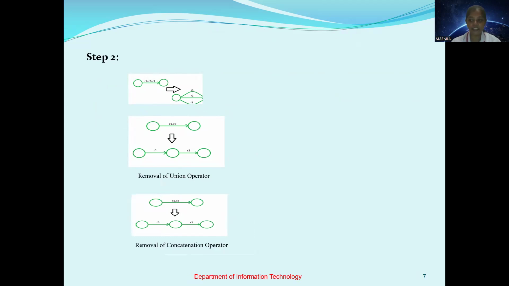Precedence of operators in regular expression is defined as union, concatenation, Kleene closure. Here the union operator, that is plus, can be eliminated by introducing parallel edges between the two states. So this is the removal of the union operator.